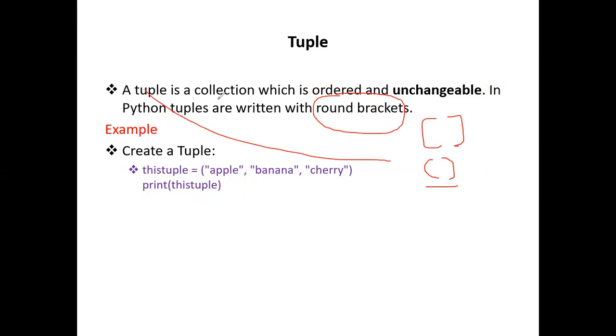And coming to the syntax, what is the syntax for this one? Tuple name, then element 1, element 2, element 3, and so on, element n.